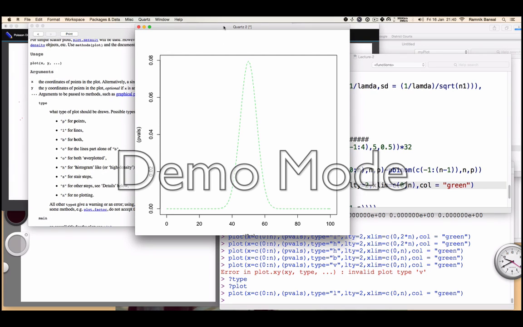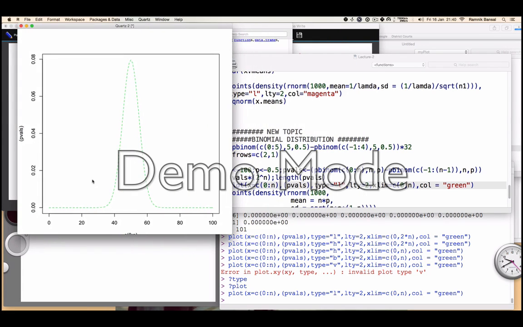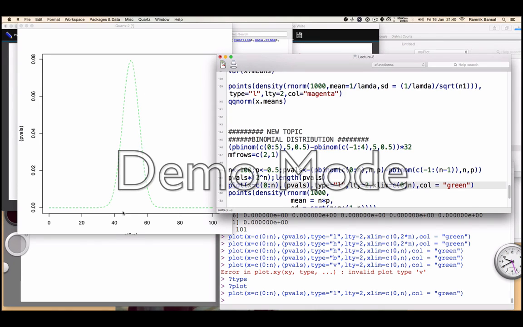Anyways, so basically you get an idea. So this is what we get for a binomial. Know that this is a probability mass function, not a probability distribution function. All right, and that's why it's discontinuous at places. So it'll be 20, 21, 22, 23, and so on. So each of these is for one particular value.